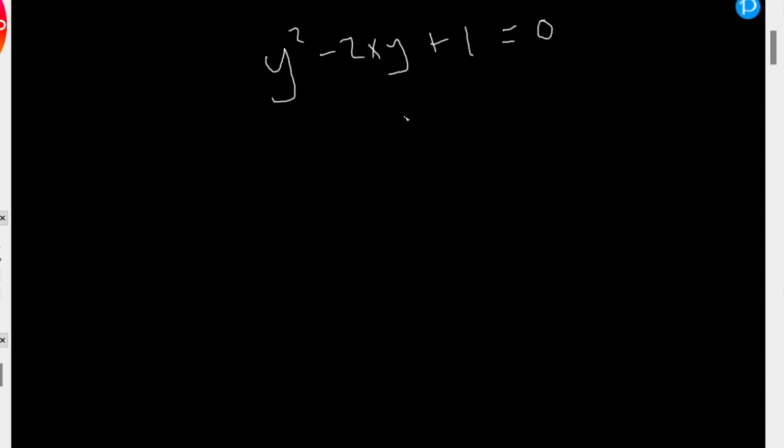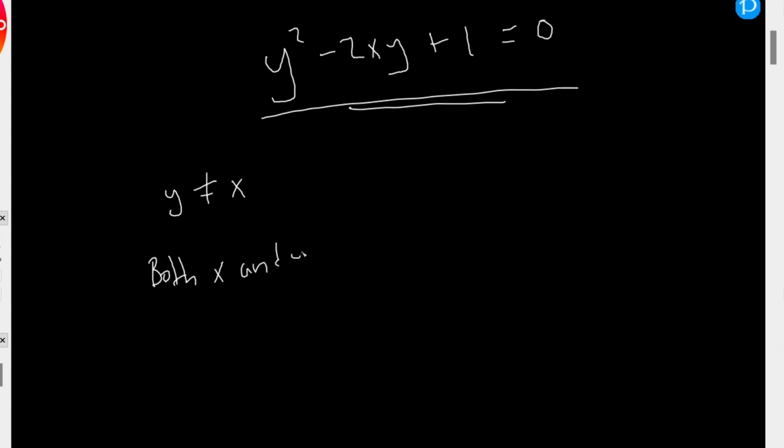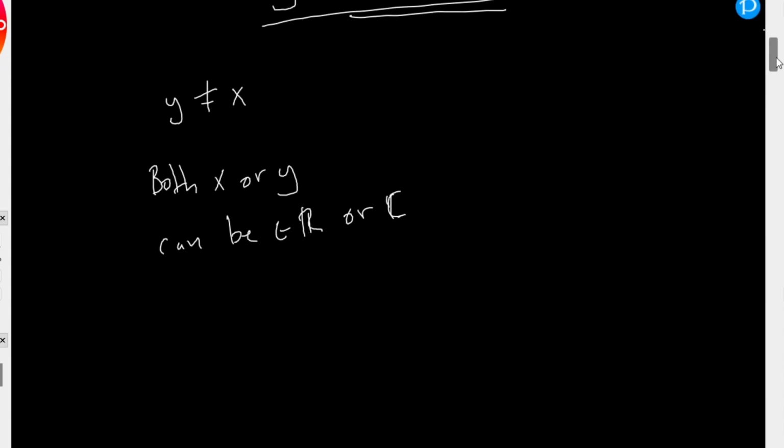This is the equation we're going to evaluate using the completing the square method, where y is not equal to x, and both x and y can be elements of the real or complex plane. Great. So here we go.